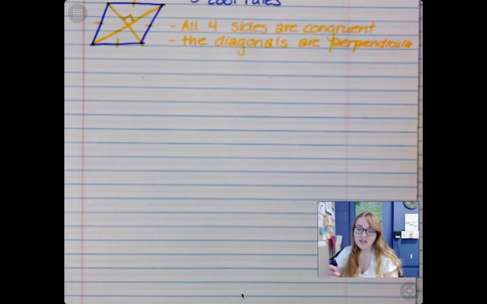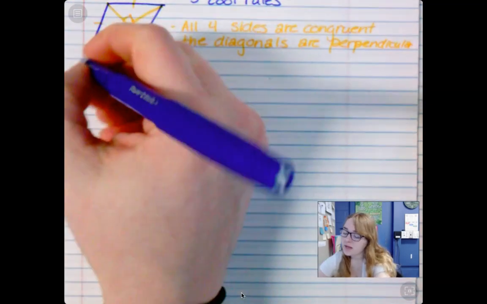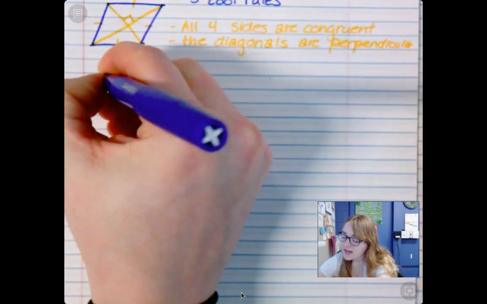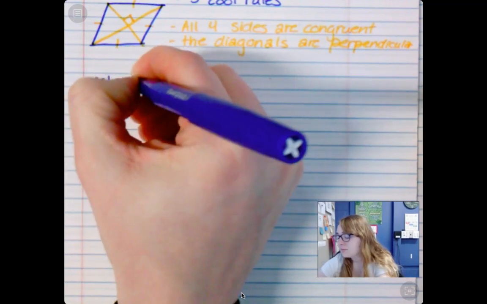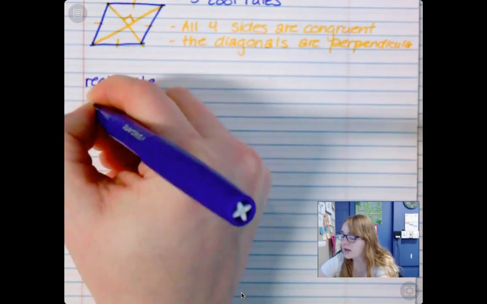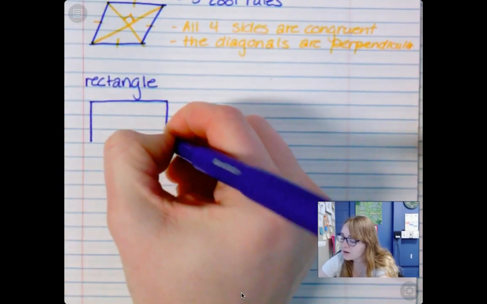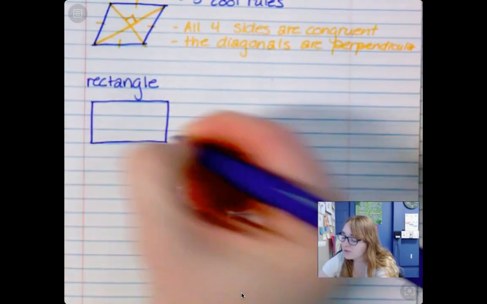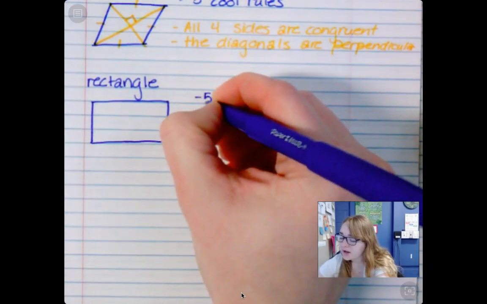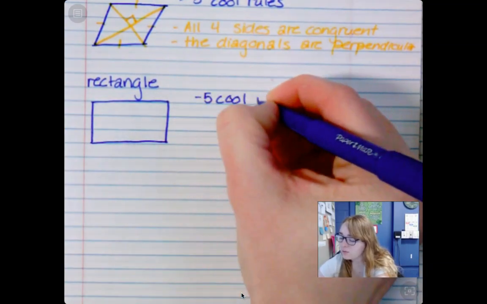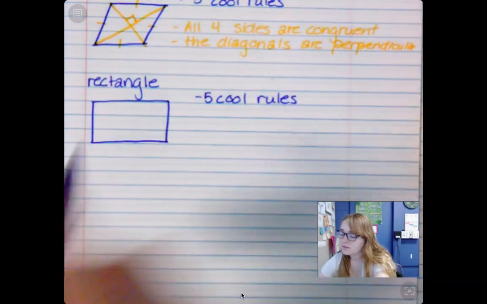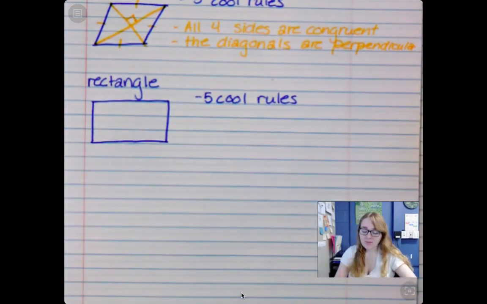Okay, our second special parallelogram here is a rectangle. Okay, I'll draw a picture of a rectangle here. A rectangle, because it is a parallelogram, will still have our 5 cool rules, but then it has some on top of that.